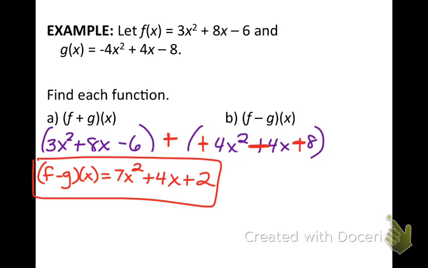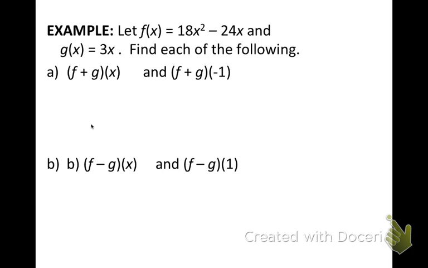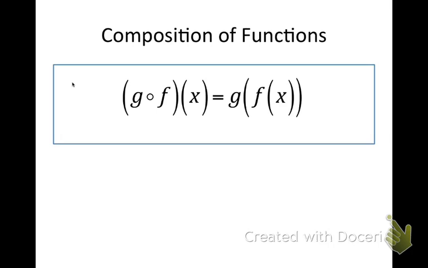Okay, so where it gets complicated is when we get into compositions of functions. Do you remember those open dots from Algebra 2 last year? G of f of x. So a composition of a function is when you put one function in place of another function.